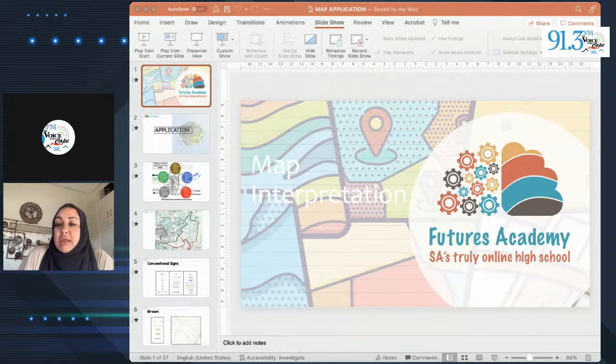Then the green regions. The green regions symbolize anything that is green. So whether it's forestry, plantations, planted rows of trees, cultivated land or golf course, or it could be a buffered zone. Now, how would you recognize the buffered zone?